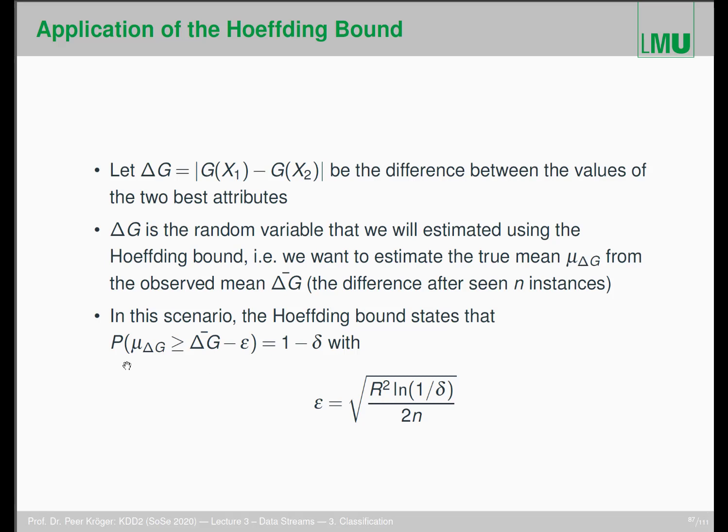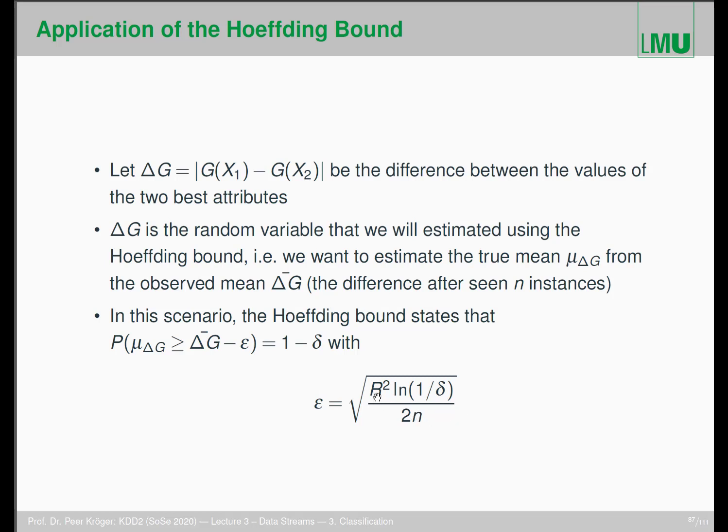In this scenario, the Hoeffding bound states that the probability that delta G after n observations minus epsilon is smaller or equal to the real mean, meaning the error we make with the computed delta G is smaller than epsilon, holds with a confidence of 1 minus delta. The error can be computed as before.